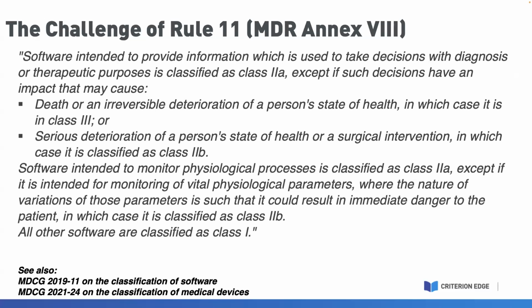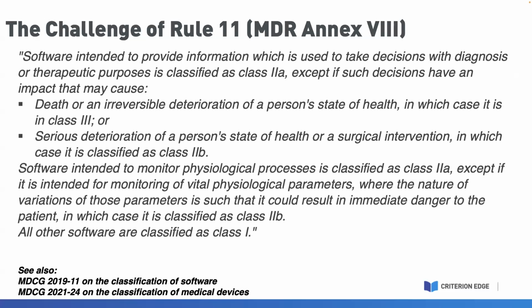But if you have a software that's serving a diagnostic or a therapeutic decision-making function, that could be classified as class 2A or higher, you could actually be sort of putting yourself too high. So the bigger issue really is that Rule 11 is inconsistent across the other rules.